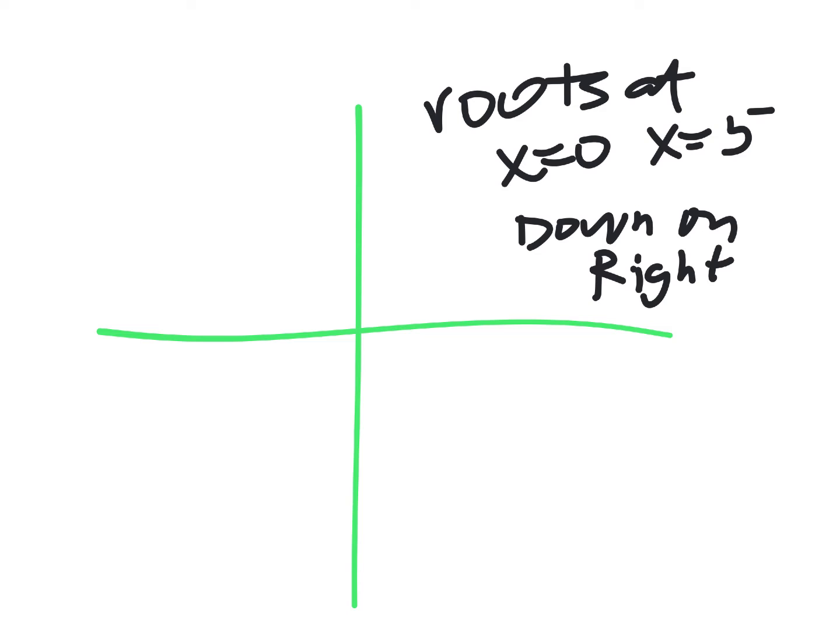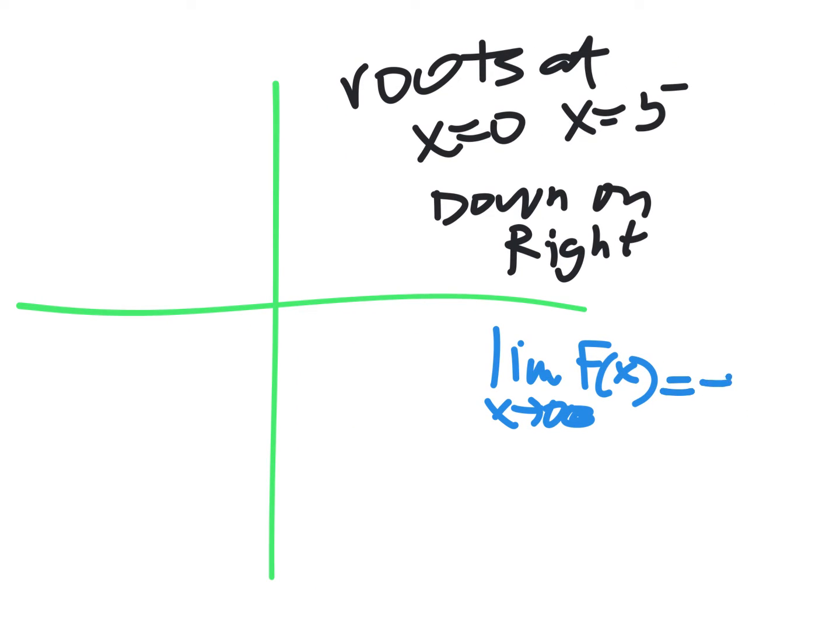Could I have said that in a more obscure way? Yeah. Like the end behavior? The end behavior. Right. I could have said the limit of the function as x approaches infinity is negative infinity. Just to clarify, this would mean the same exact thing. That means going down on the right.